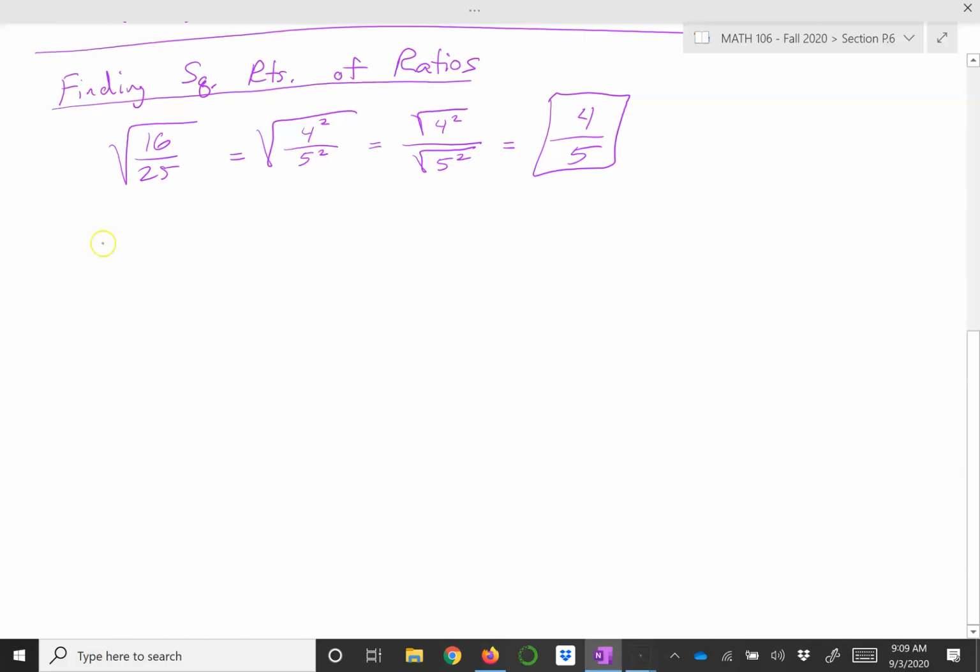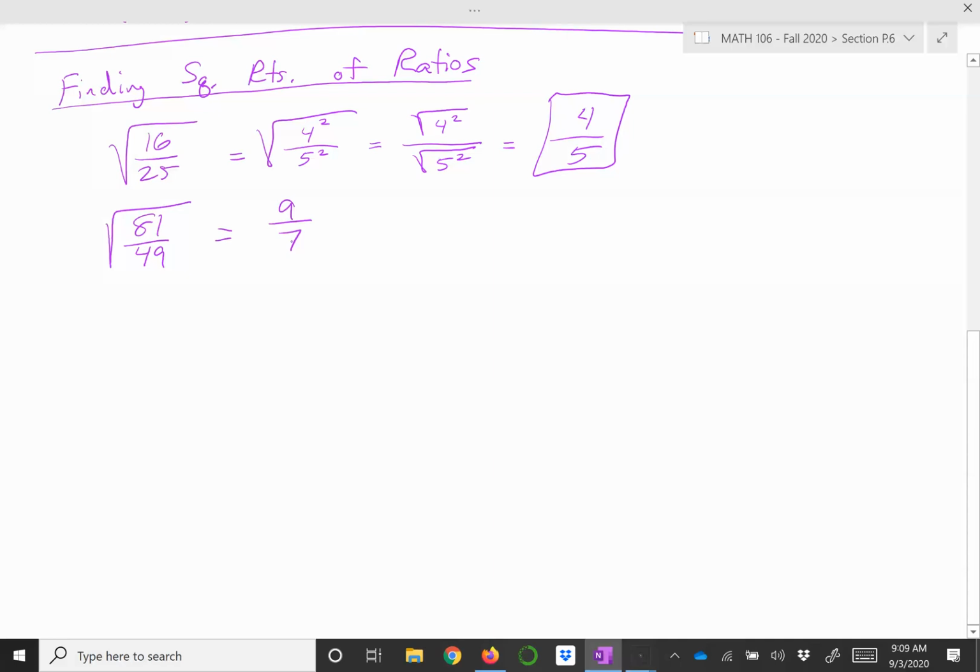So these are easy. I mean, if you had another simple one, you know, you could probably skip some steps here. So in your head, you could probably do the next 2 steps and get to the final answer right away. What would be the final answer to this? The square root of 81 over 49. Yeah, it'd be 9 over 7. So that's the way you're going to have to think with some of these numbers.